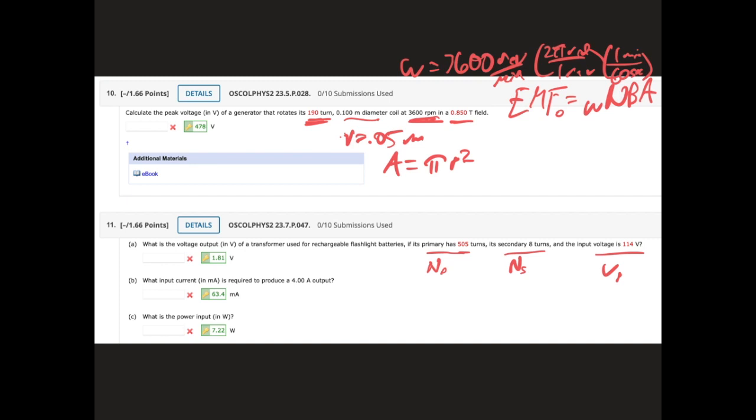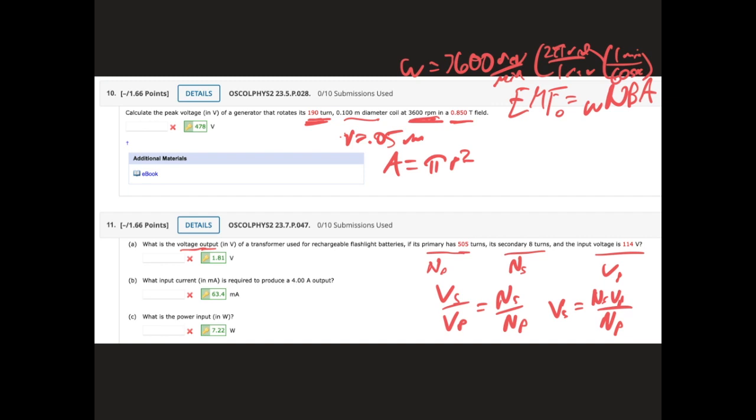The equation from the PowerPoint: V sub S over V sub P equals N sub S over N sub P. We're going to solve for V sub S, which is what we're trying to find, the output voltage. So multiply that V sub P up, we get Vs equals Ns Vp divided by Np, and we'll get our secondary or output voltage.